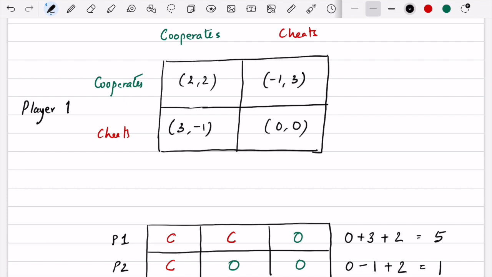But well, if both of them had played selfishly, then both would have cheated in all 3 rounds and they would have each gained nothing, just 0, 0. So yeah, even though player 1 has gained more than player 2 has, player 2 has still gained more than he or she would have in the scenario in which they would have both cheated in every round, right? 1 is still better than 0.